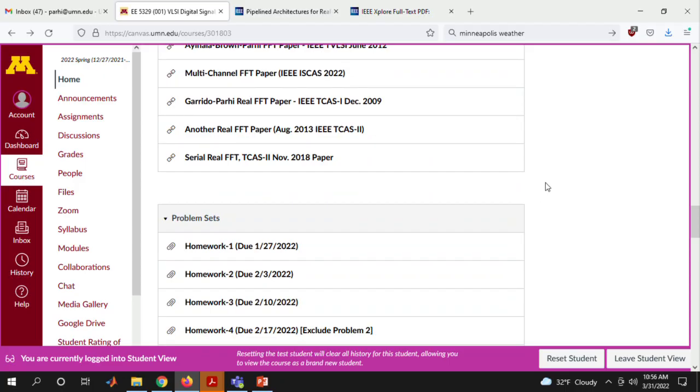But suppose that you have a single channel and you don't want to process in two parallel, then this paper shows how to do serial real FFT. Intuitively, if I don't want to do two parallel and the hardware utilization is 100%, then in a way I should still be able to reduce the number of butterflies by another factor of 2.